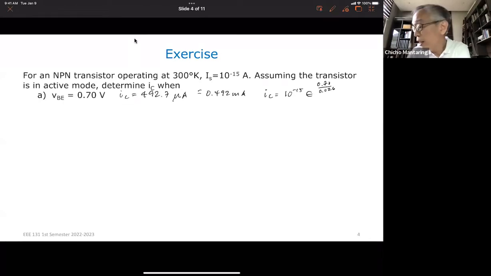Anyway, okay, so this will give you these answers. Just as a refresher, V sub t, because not all the time will the problem given to you be at 300 degrees Kelvin. Sometimes it's going to be at a different temperature.